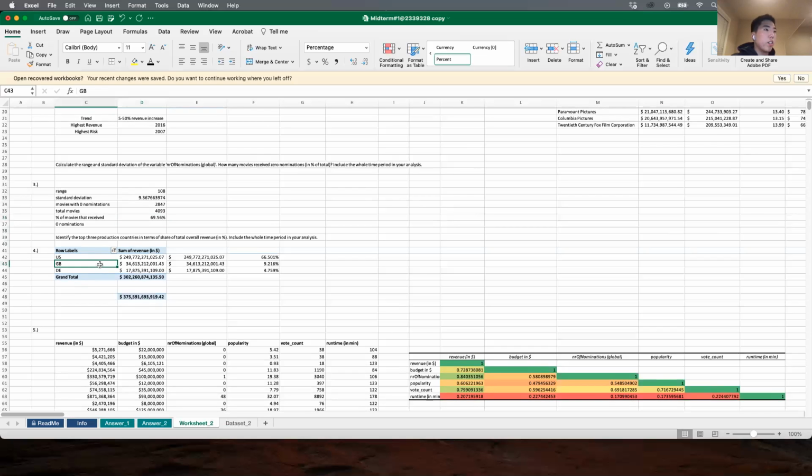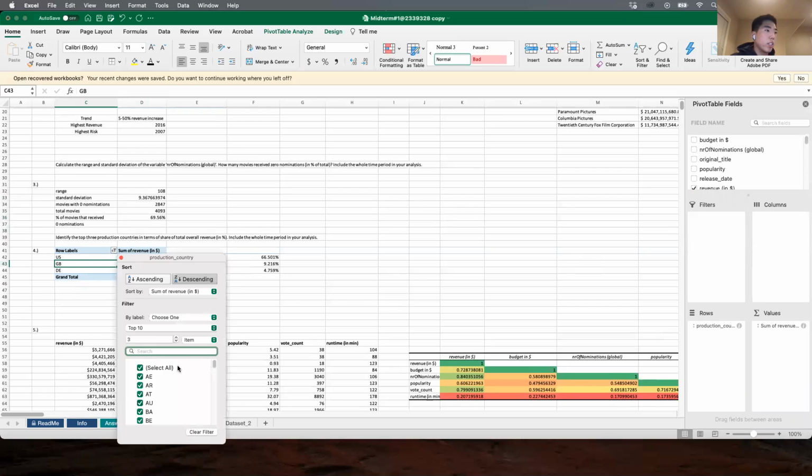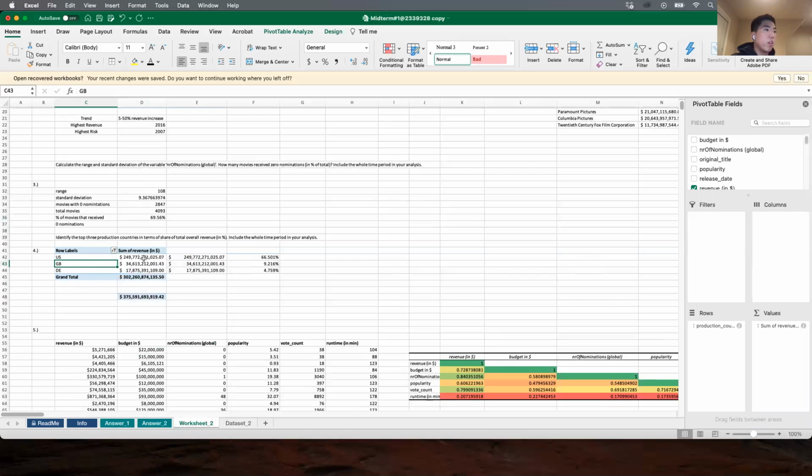So I made a pivot table here, and these are my fields on the right, rows of the production company. So originally, you would have all of the countries listed with the sum of the revenue of each respective company, and you would come out with a grand total of $375 billion, right?